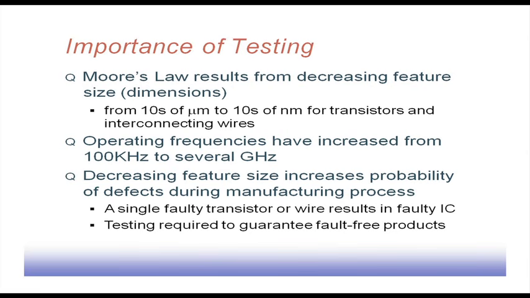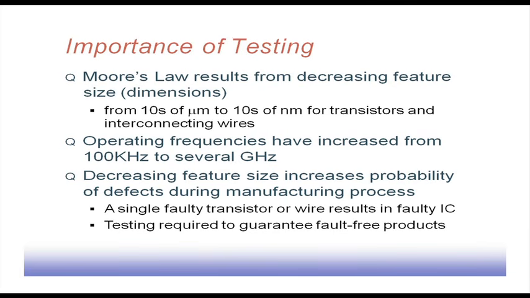We cannot have a 100% pure silicon wafer. So, when we are putting more and more devices onto the chip, the possibility of some of them becoming faulty is increasing, because the density is increasing. So, the probability of defects during the manufacturing process will increase.